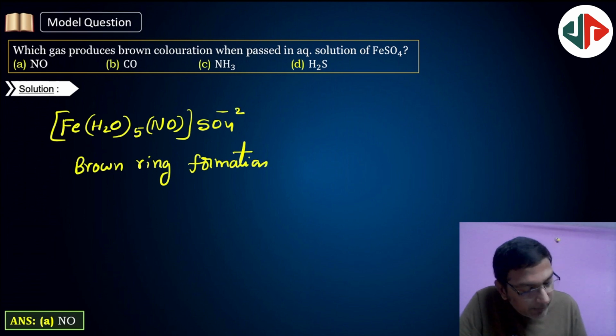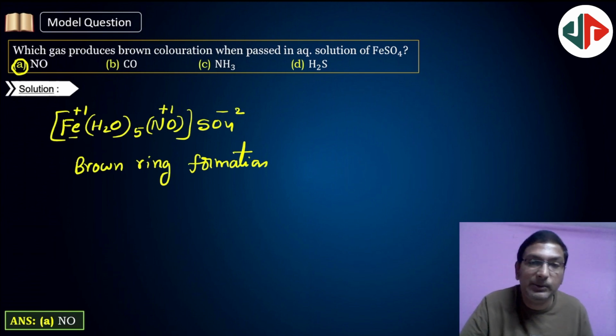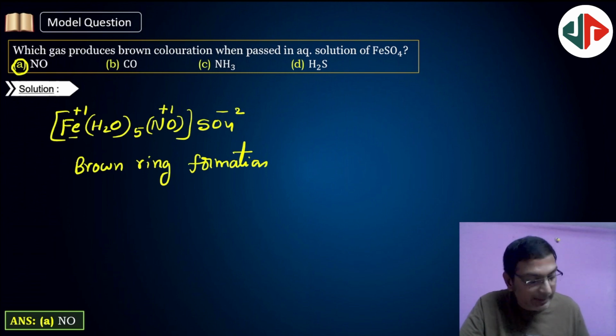Here SO4 minus 2 and here NO plus 1. Then iron will become plus 1. So NO forms brown ring with Fe2 plus. So iron oxidation state will be plus 1, not plus 2 due to NO plus. So option A. So this is brown ring test. Next.